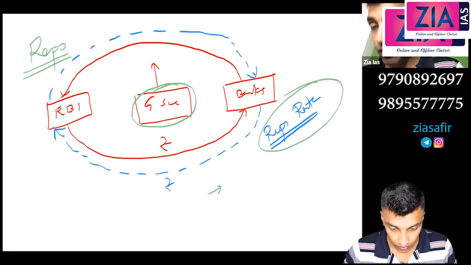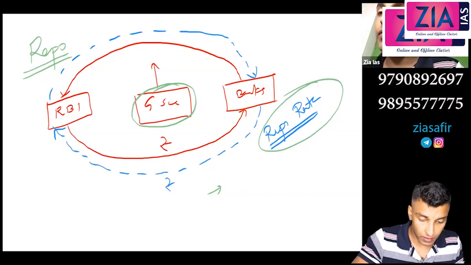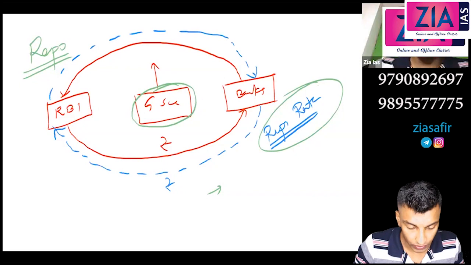Okay, so the reason why RBI will fix only repo rate, which is the policy rate.